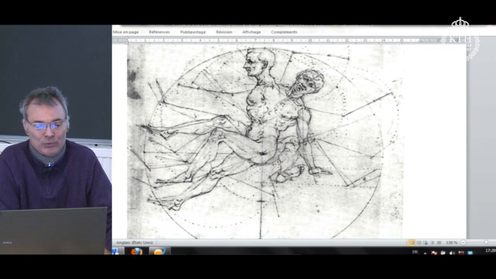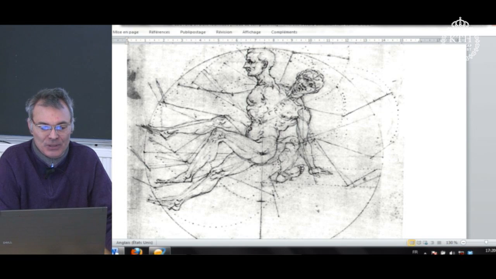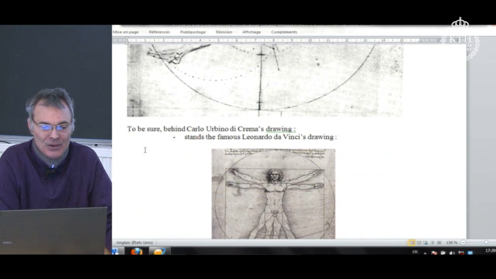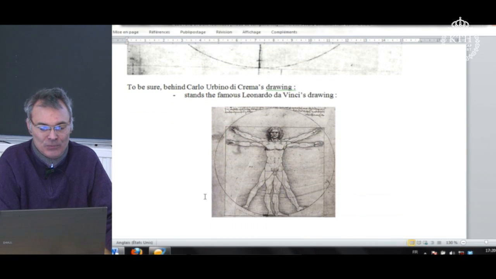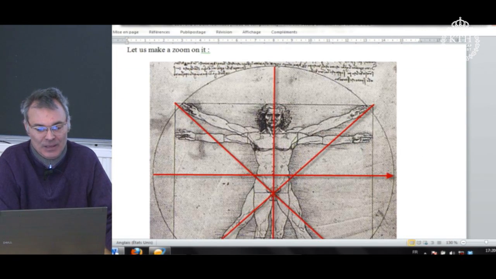I'm rather doubtful. If we come back to the drawings of Carlo Urbino di Crema, obviously those drawings come from this very well-known drawing of Leonardo da Vinci, who was Carlo Urbino's master.